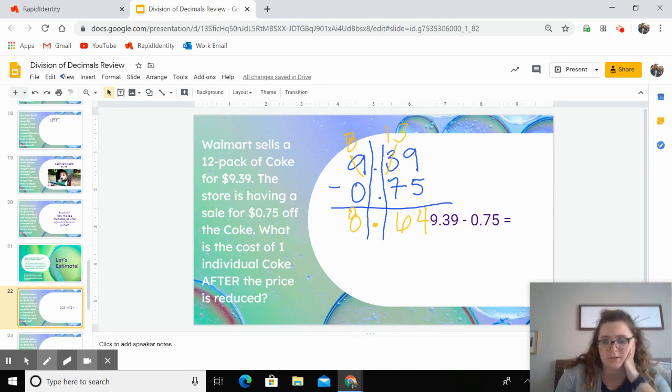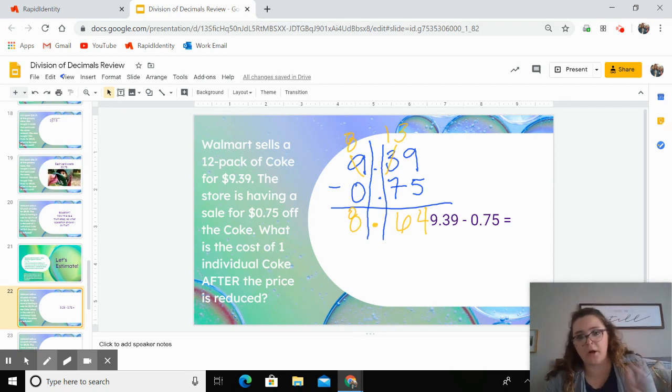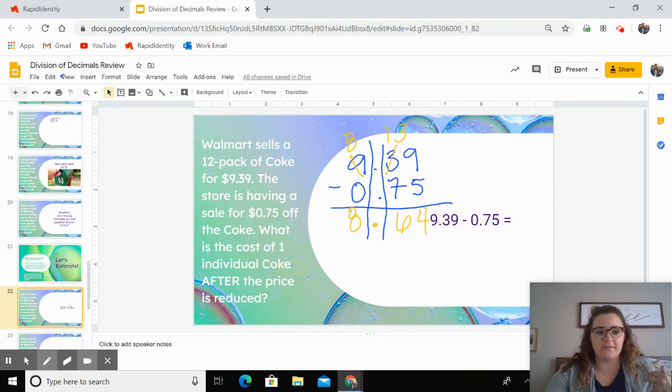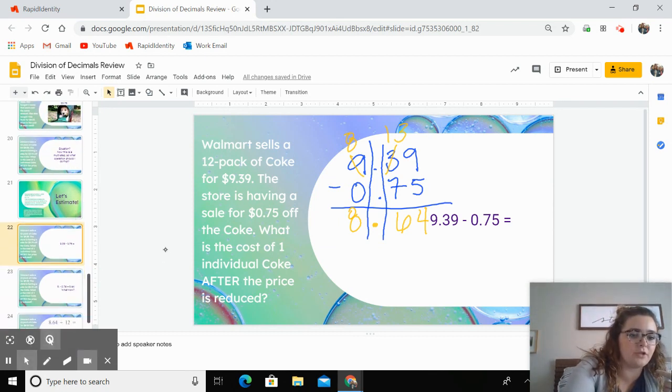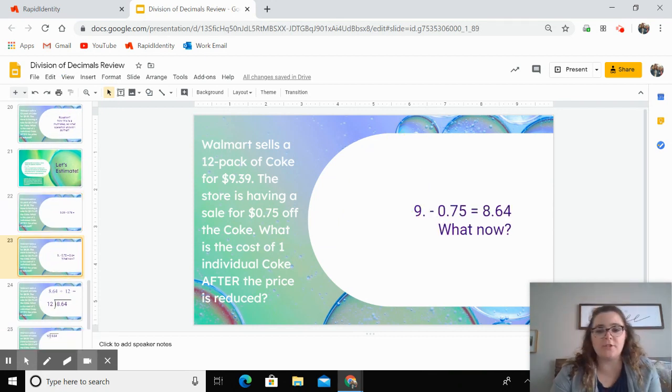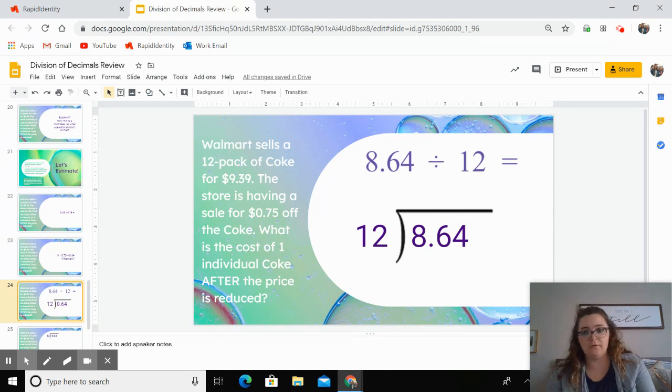That's how much all 12 Cokes cost after I took the 75 cents off. But now I need to figure out the price of just one of those Cokes. So I'm going to take that $8.64 and divide it by 12, because I'm splitting it across 12 different Cokes.